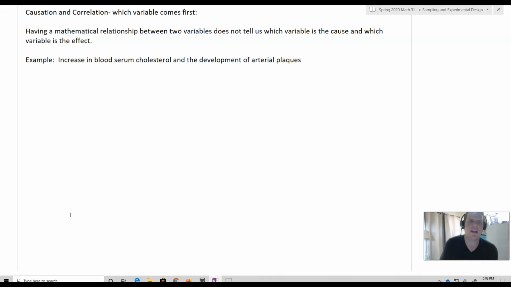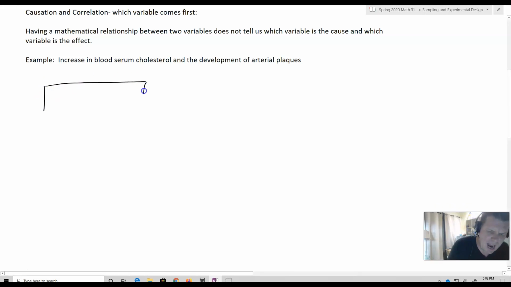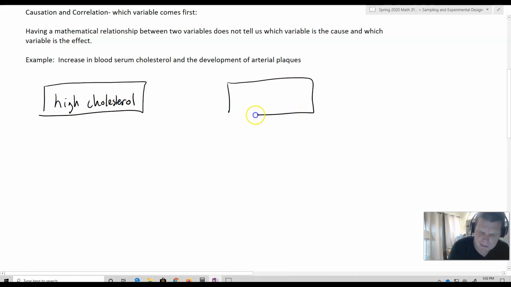So for example, an increase in blood serum cholesterol and the development of arterial plaques. Here's the thing. We have a patient. The patient comes in, right? The patient has, on the one hand, high blood cholesterol and large plaques.